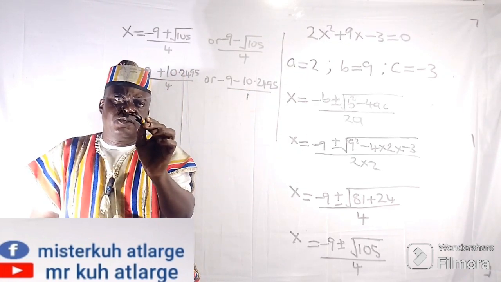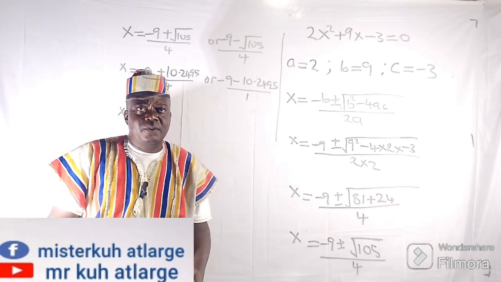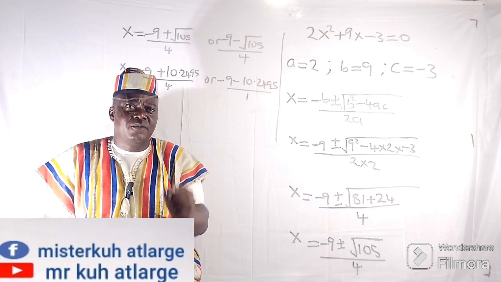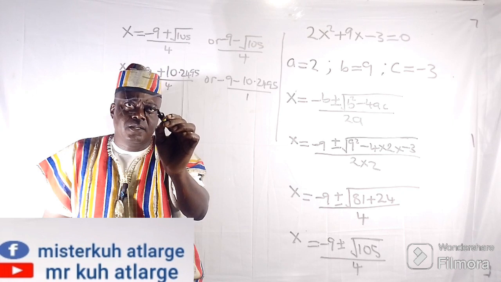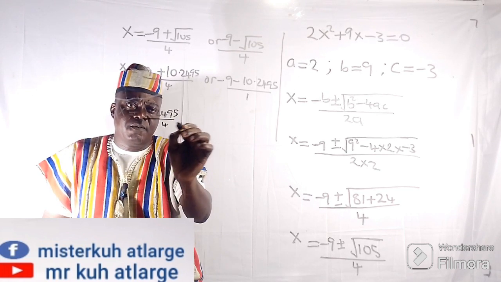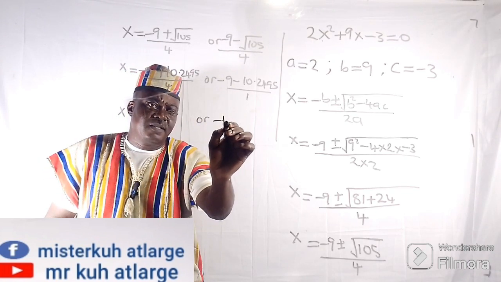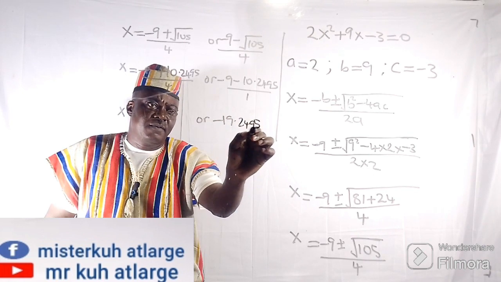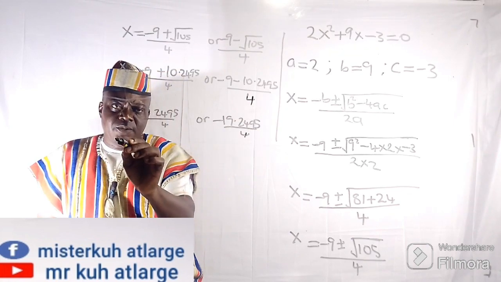So now x will be equal to, you now bring this one together. So negative 9 plus 10.2495, you get 1.2495 over 4, or here you get minus 19.2495 over 4. So you now divide.